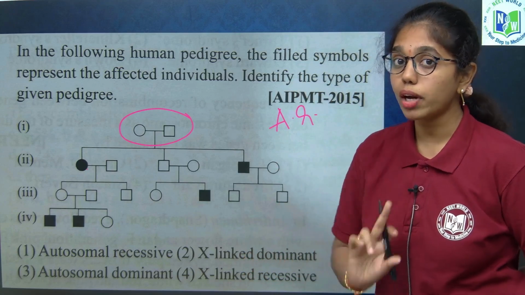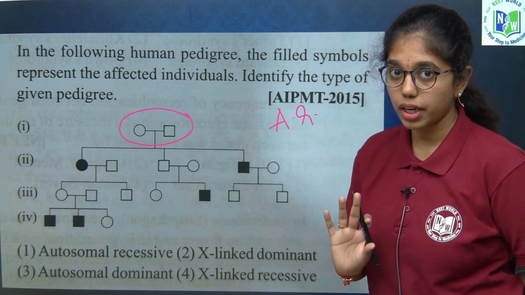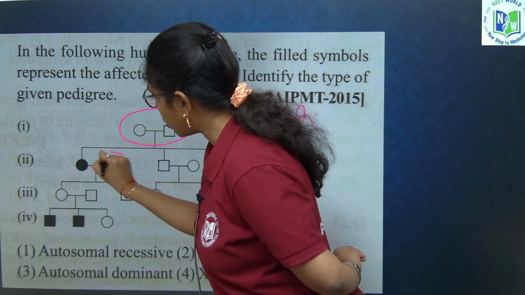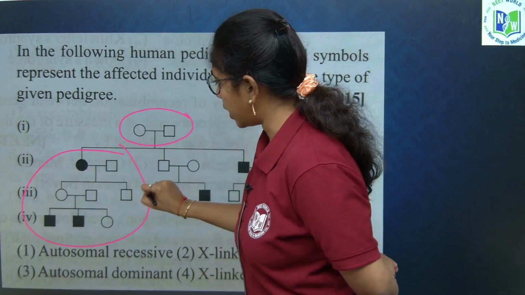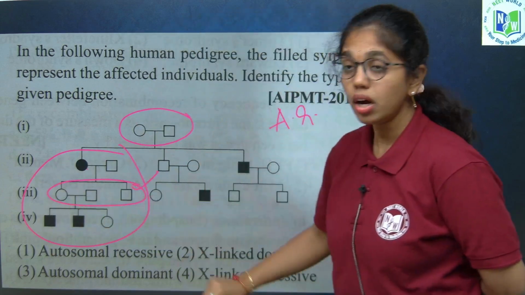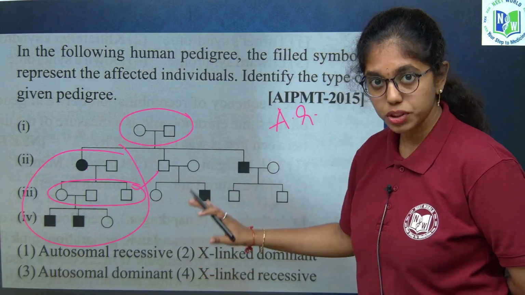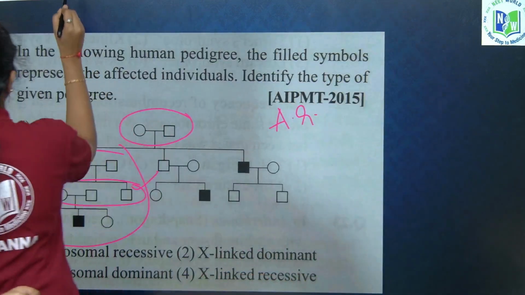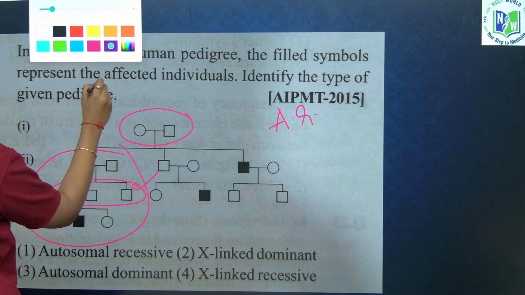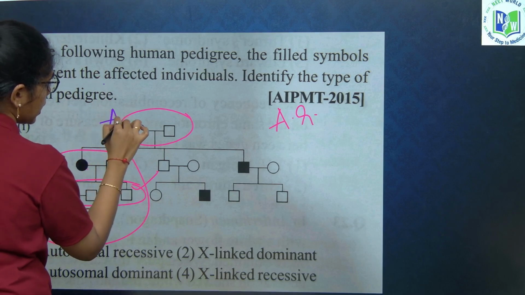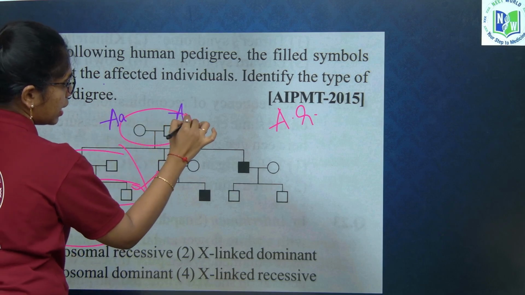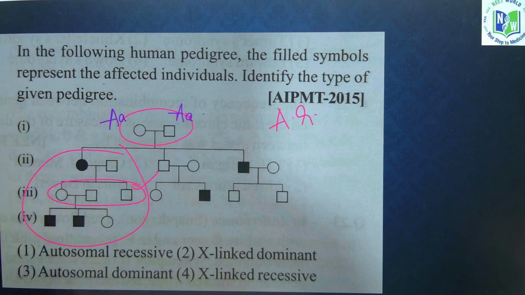Let us confirm one more thing also, whether there is skip of generation or not. Yes, if you look here, there is a skip of generation. In this generation, there is no disease. Just by looking at that, don't go for the option. Once you apply the alleles and see, let us take this as heterozygous and this also heterozygous.